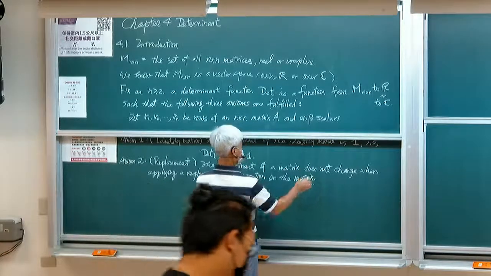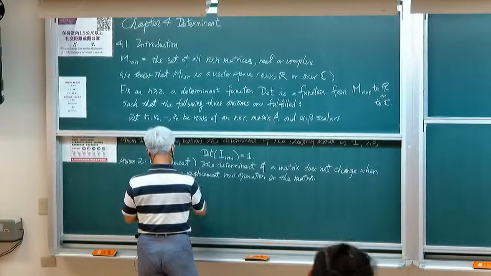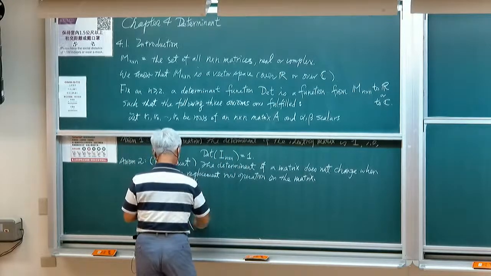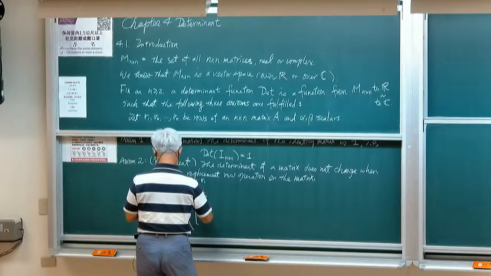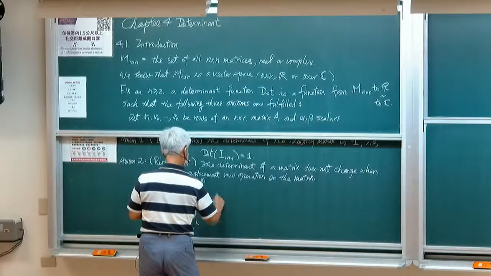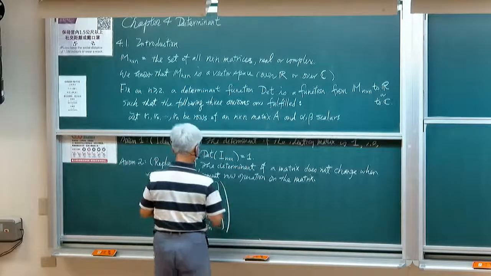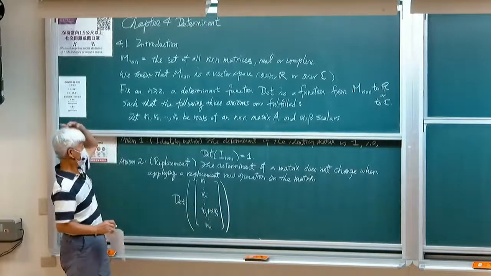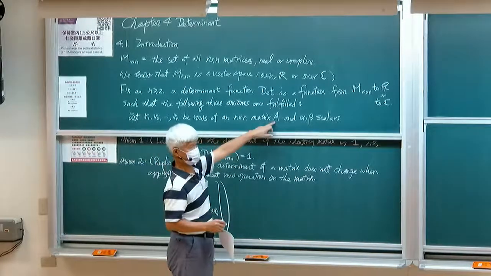So it says that the determinant of the matrix with rows R1, Ri, Rj plus alpha Ri, Rn. Remember, R1, R2, Rn are rows of A.